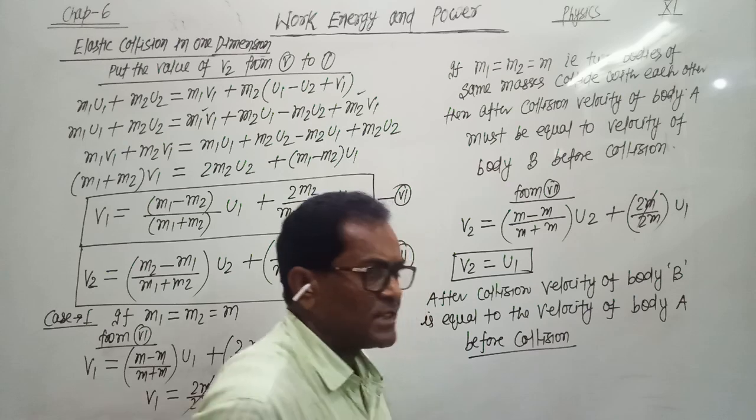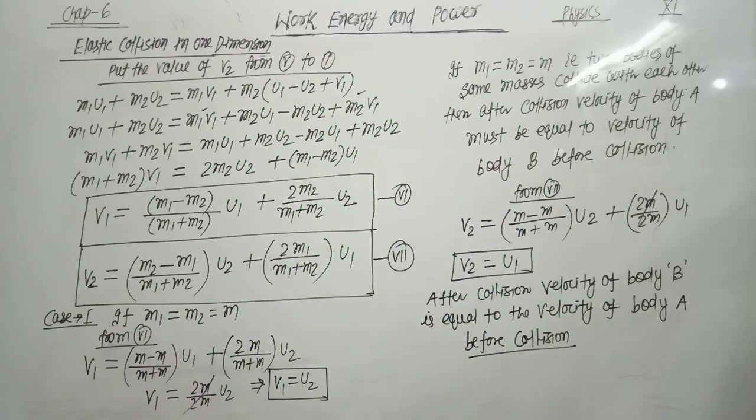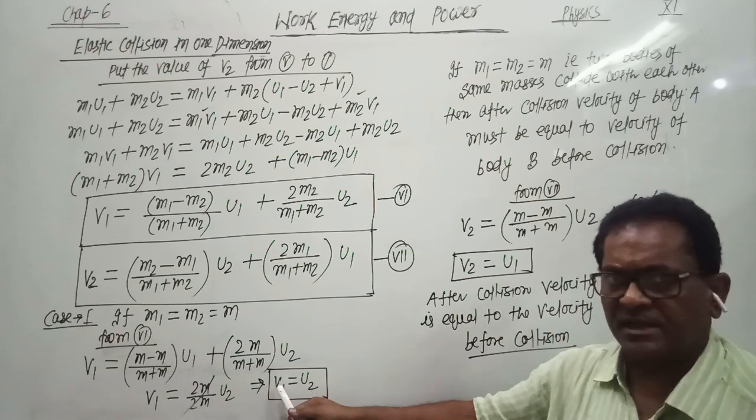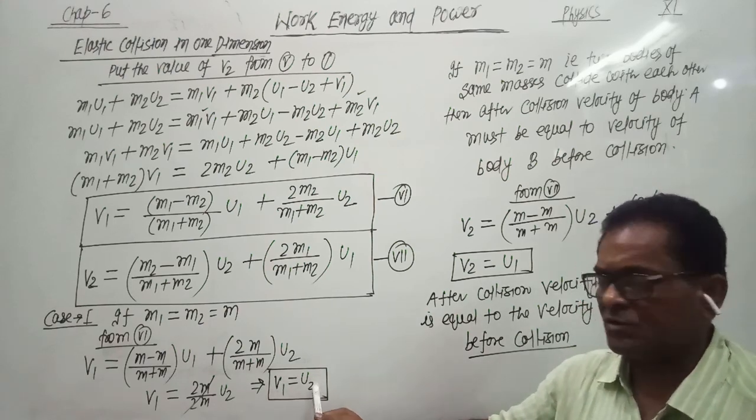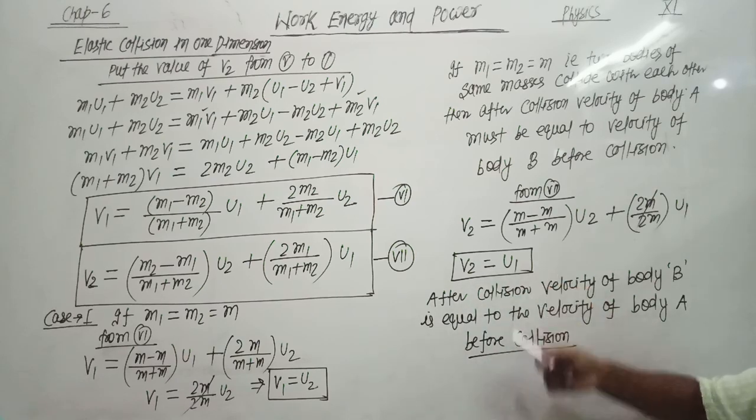So we conclude that after collision, both bodies interchange their velocities. After collision, v1 equals u2, and after collision, v2 equals u1.